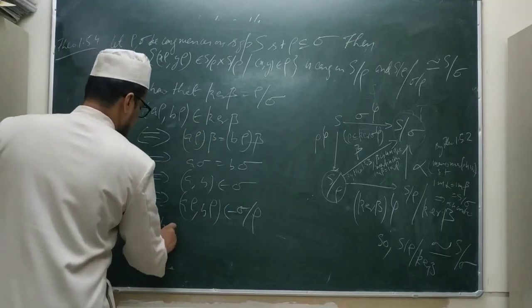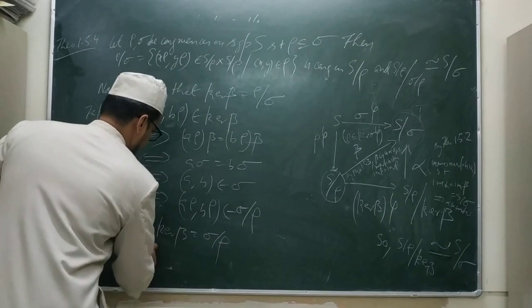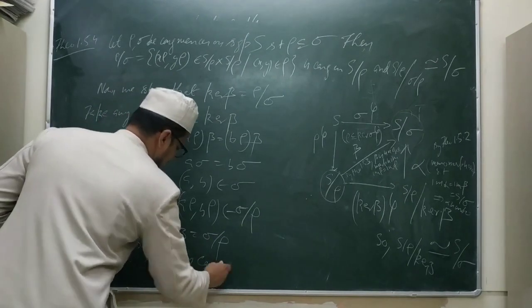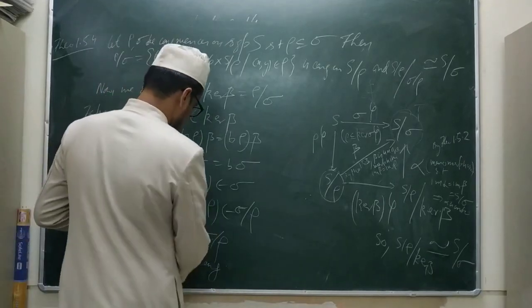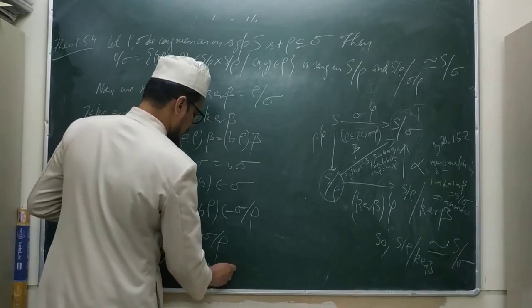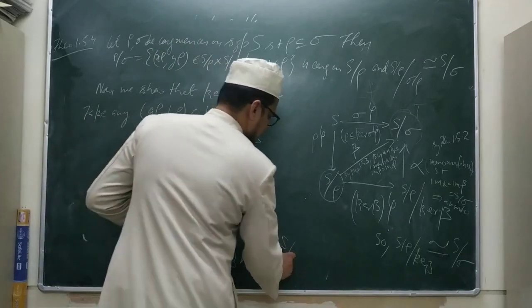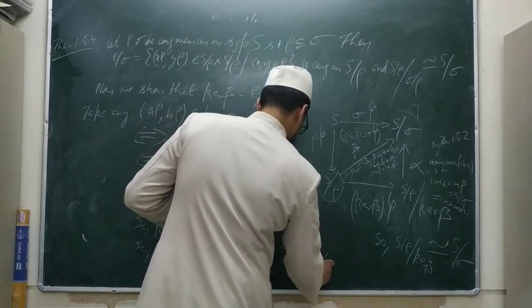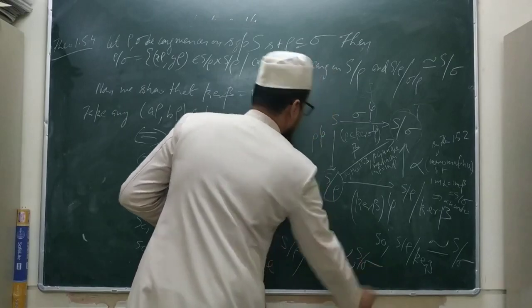So kernel beta is equal to sigma by rho. So sigma by rho is a congruence, because kernel beta is a congruence, of course. Beta is a morphism, kernel beta is a congruence. So sigma by rho is a congruence. And hence now you can replace: S by rho by sigma by rho is isomorphic to S by sigma.